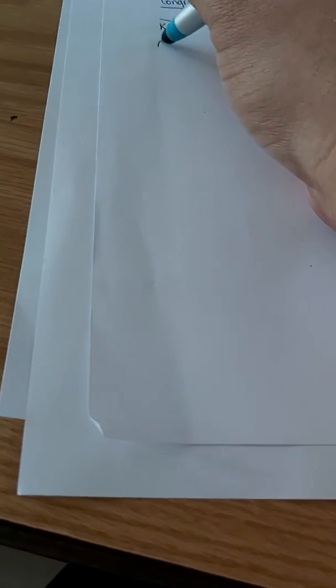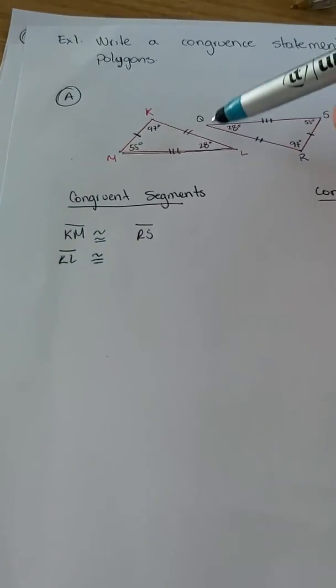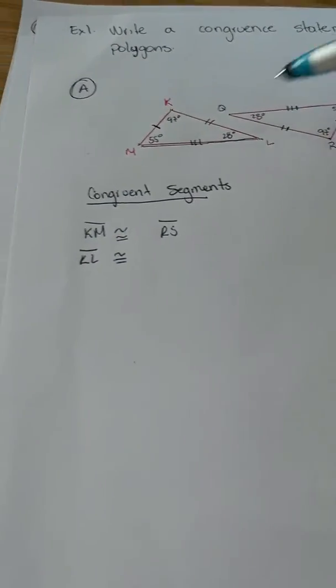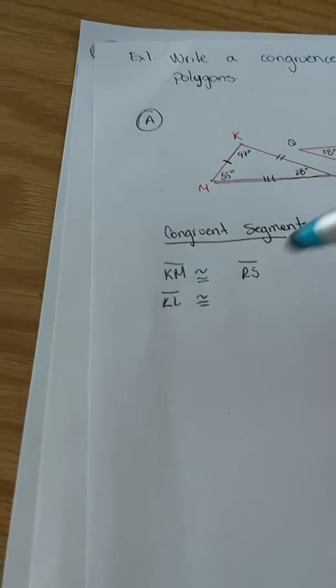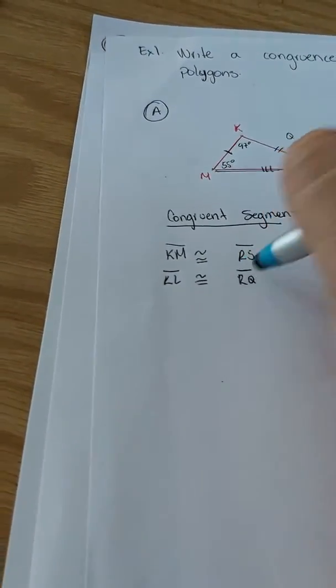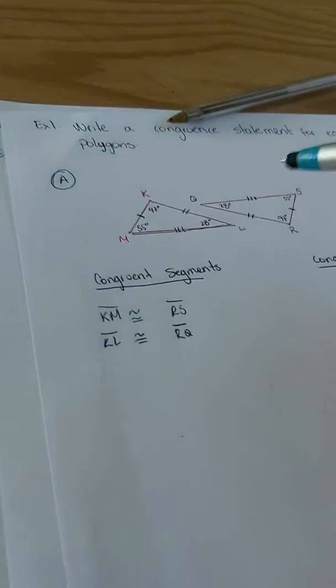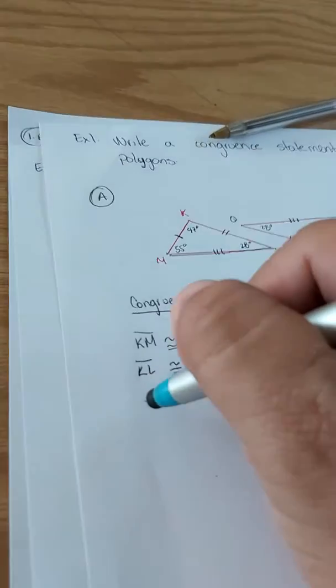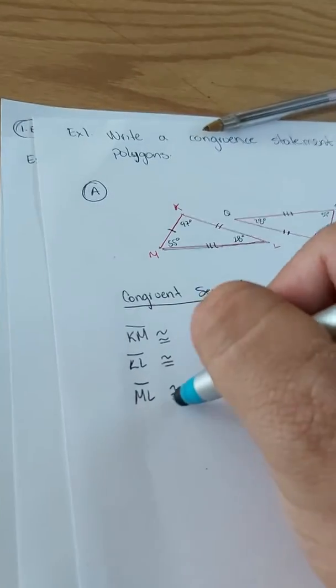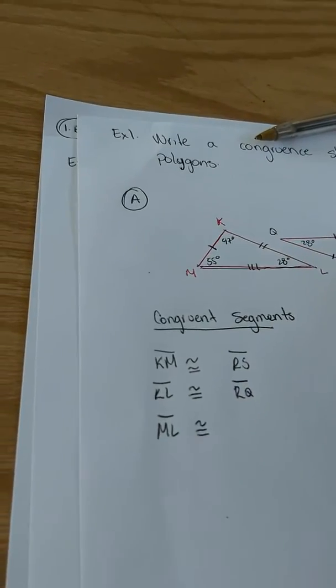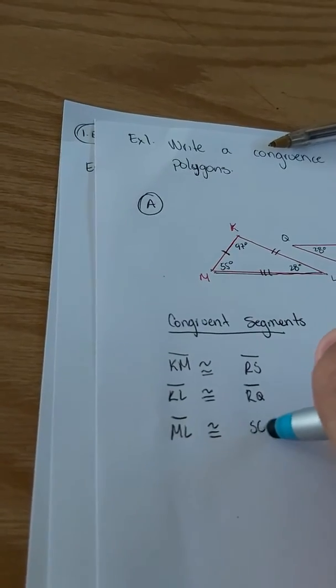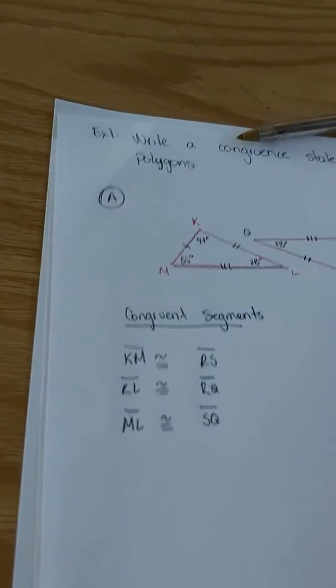We can state that KL is congruent, look, this one has 2 symbols, it will be segment RQ. And we can state that ML is congruent with SQ. Okay, those are the congruent segments.